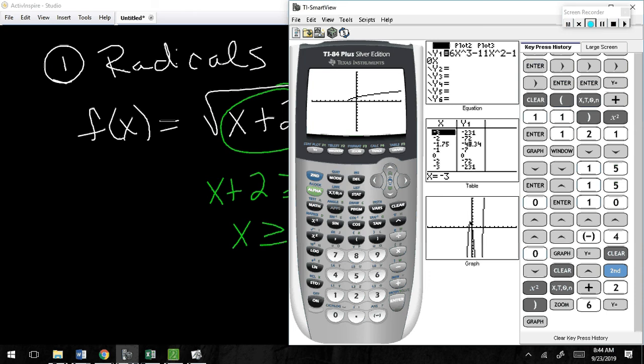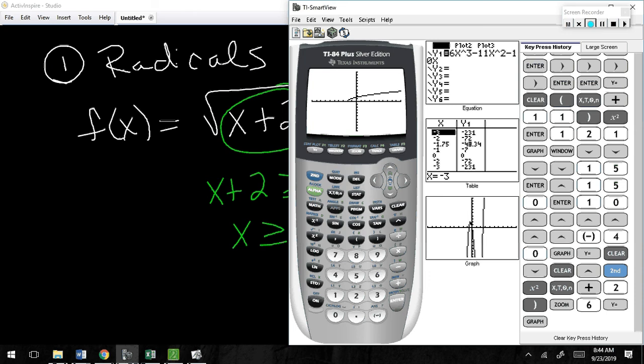Bottoms up. Where does it look like it starts on y? It's actually on that point. You can zoom in if you want.